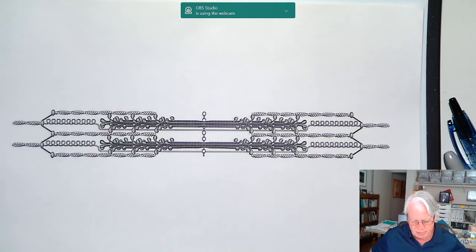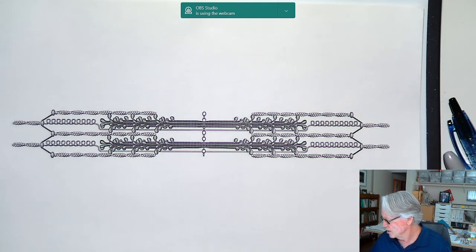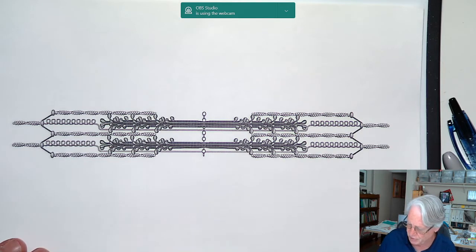All right, so hopefully everybody's back now, and we're going to go ahead and identify all of the different parts we've just talked about. So let's see how we're going to do this. Let's start with identifying the sarcomere first.